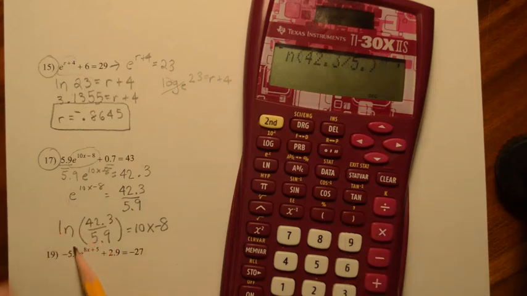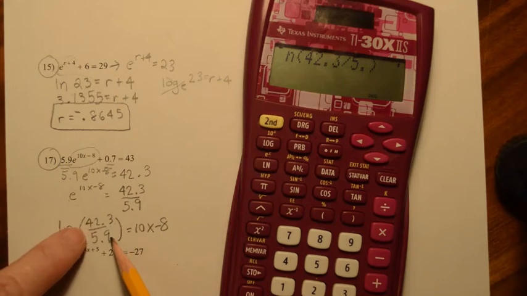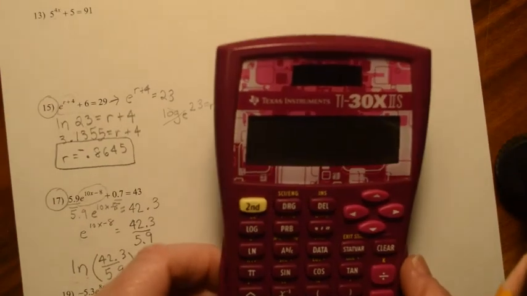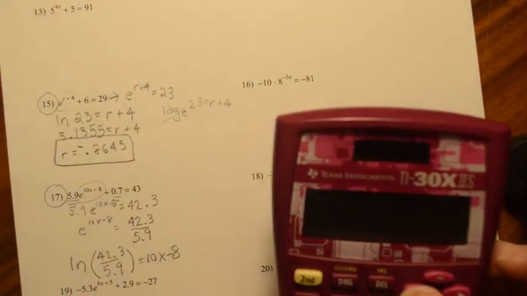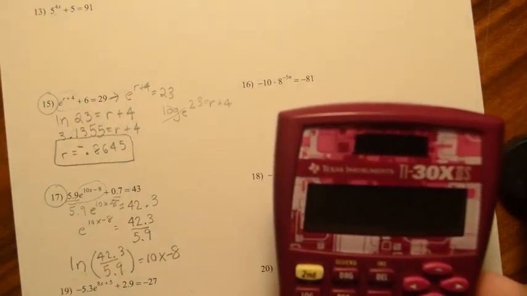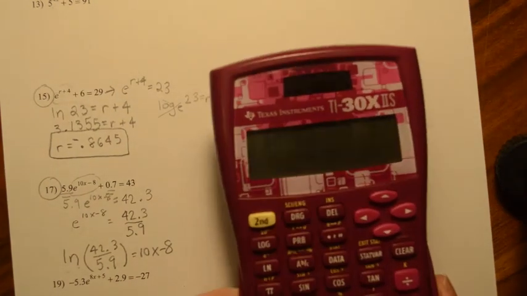Notice it's not two separate logs like in the change of base formula. We don't need to change the base because we have a button to do this already. So both of these numbers end up in the single parentheses at one time.